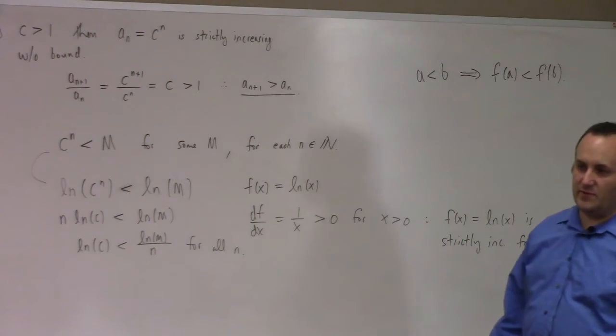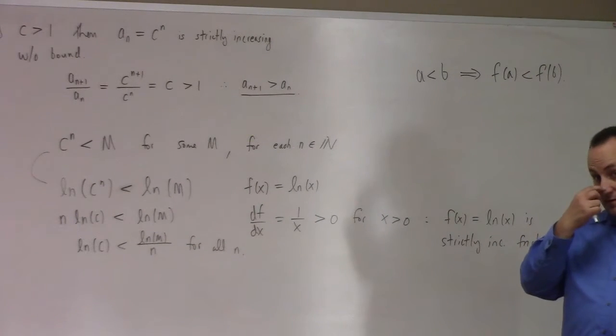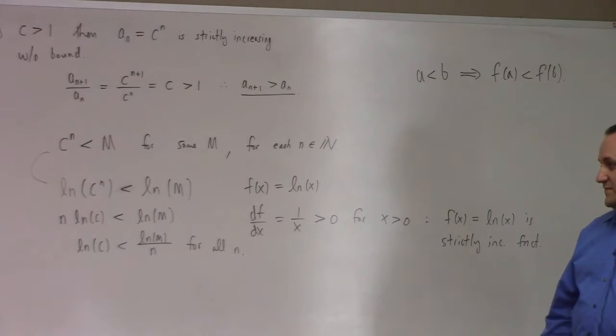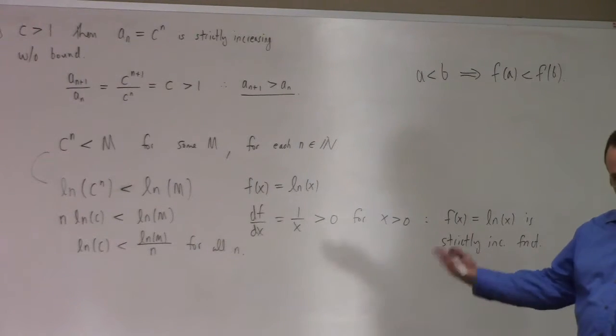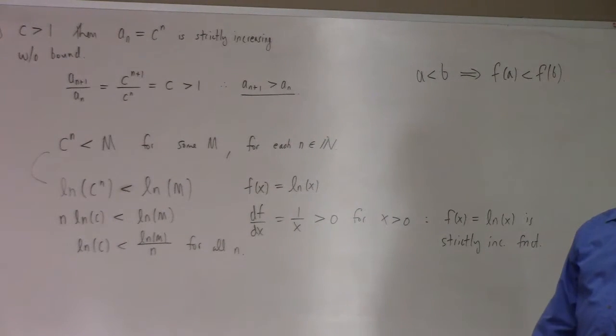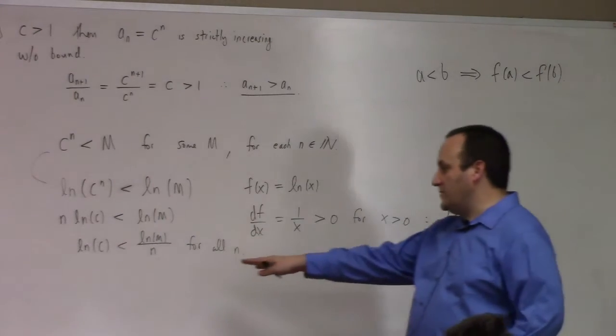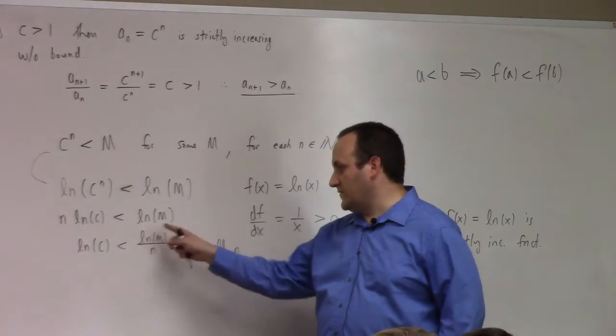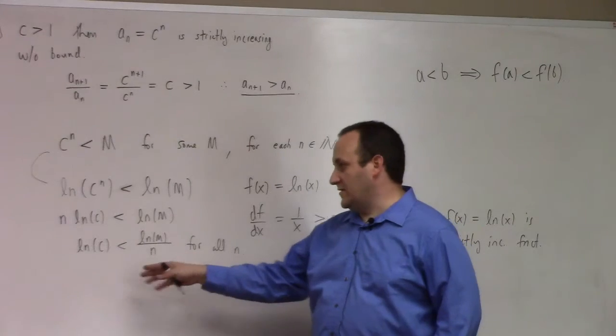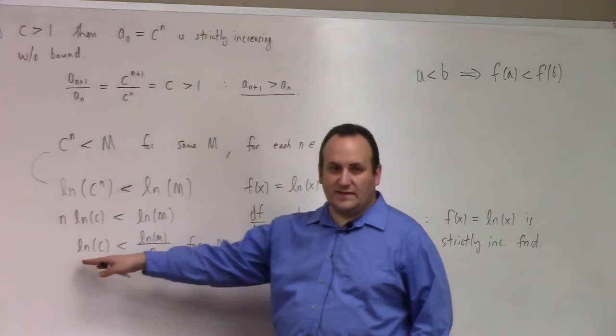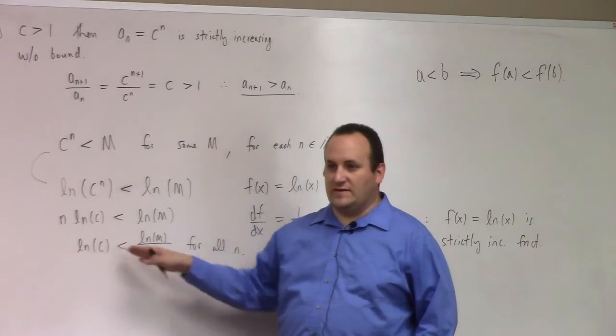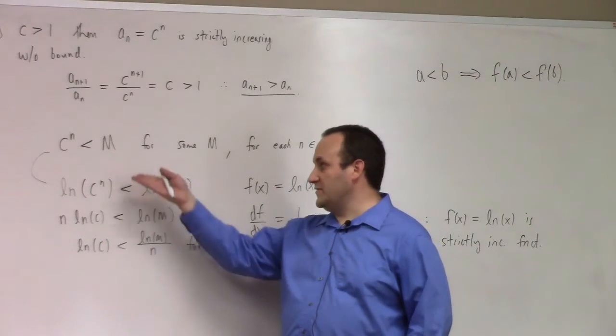Because the log of c is a particular value, right? And as n goes to infinity, what happens to log of m over n? It goes to 0, right? As n gets really, really big, this top number here gets very, very small. But log of c is fixed at whatever it is. C is given, right? So this cannot be. This cannot stand. So it's impossible to find a bound.